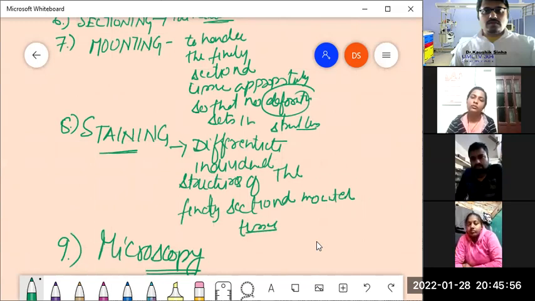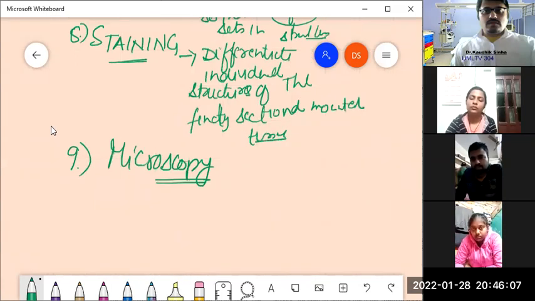Though for diagnostic purposes, I must mention that after seeing the tissues, there is an additional step that needs to be executed. And that step, the tenth one, I would write it here, is comparison.